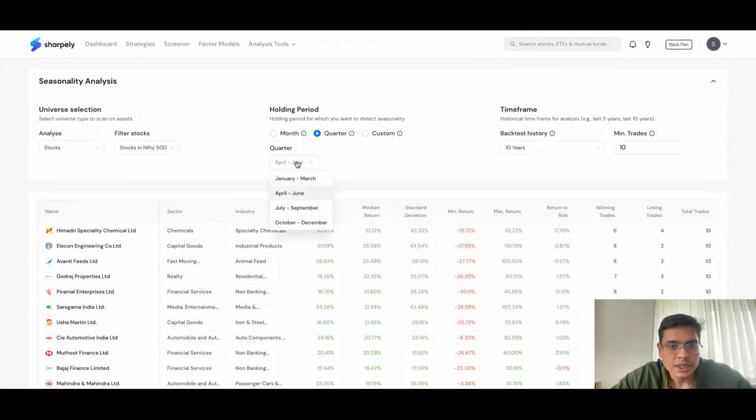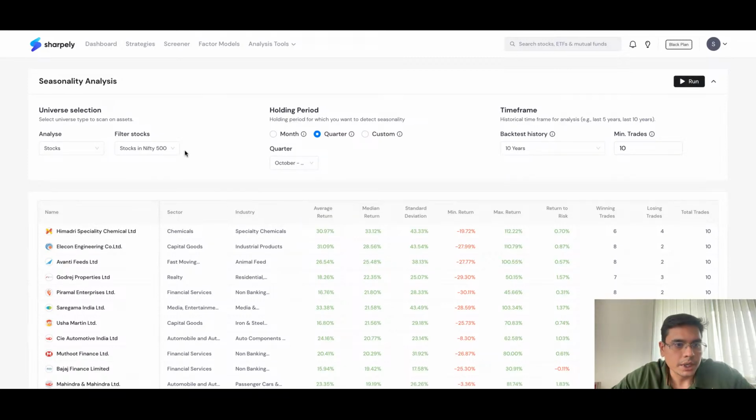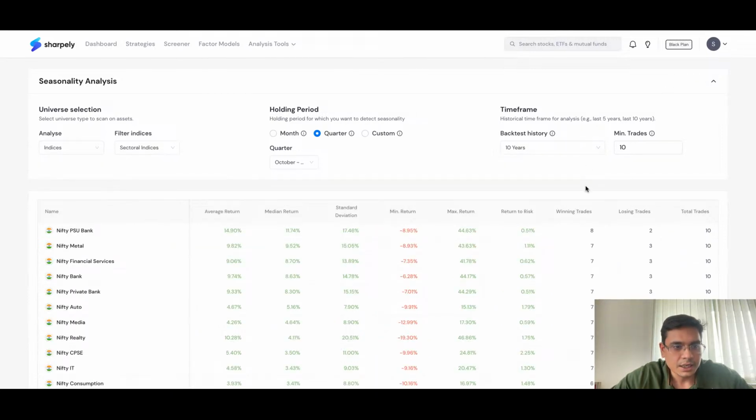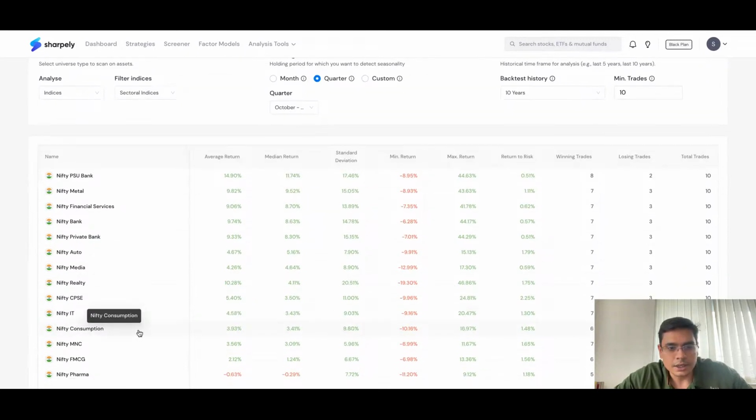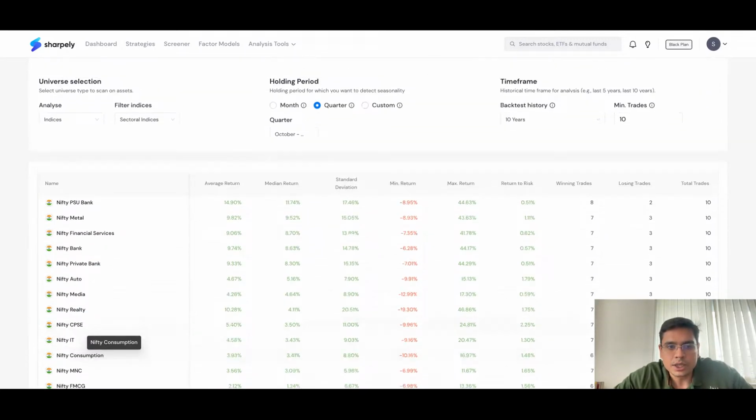So what you do is you select the October to December quarter here, select sectoral indices and run a seasonality scan, and you see that the best performing historically during this quarter has been actually Nifty PSU banks and Nifty metals. So per se, you would have expected consumption to be the best sector during this period, but that's not the case.